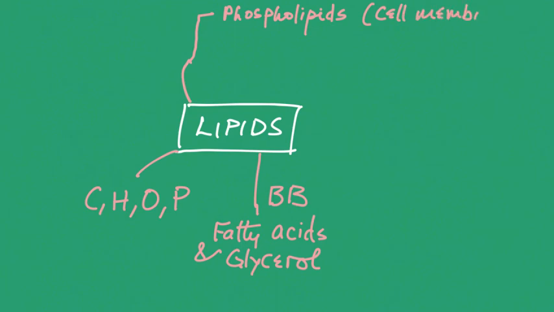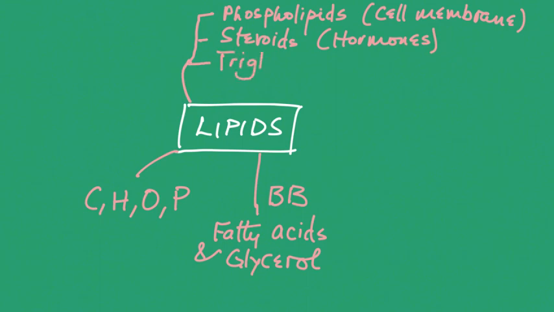Phospholipids, remember, those are the ones with a head and 2 tails. Steroids are hormones and cholesterol. The third are triglycerides, which are also known as fats, and these are made up of fatty acids, and their main function is stored energy.